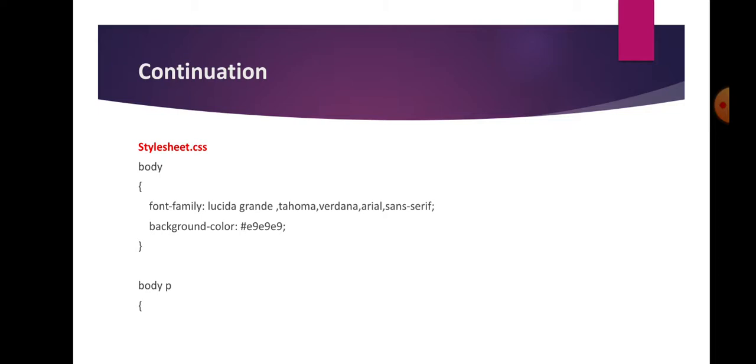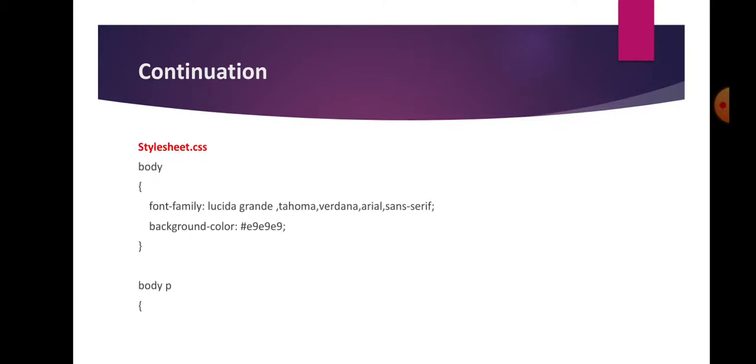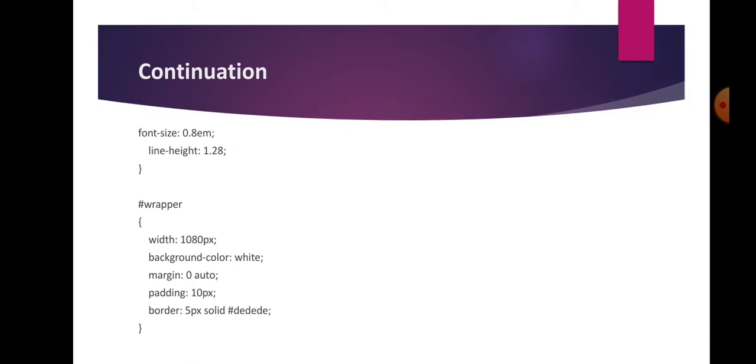Next, body p. We will specify it in the template.php. In template.php there is p, that is paragraph. In the paragraph, the font size will be 0.8 em and the line height will be 1.28.